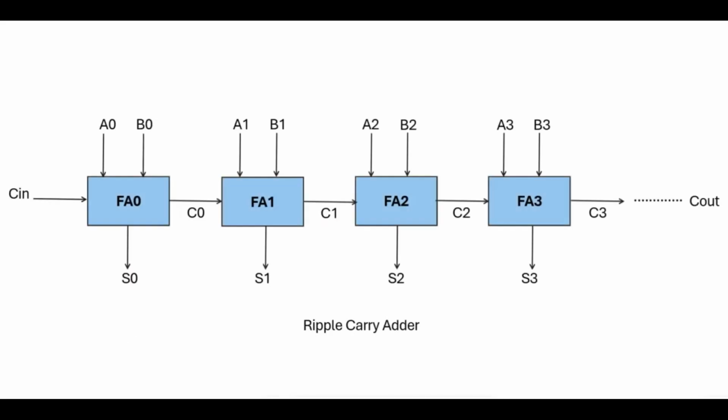Consider a small example of a ripple carry adder. It adds 2 bits, taking carry in and giving the sum along with carry out, and continues like a relay race. But here, the problem is the delay. To compute the second set of addition, we'll have to wait for the carry out of the first set.